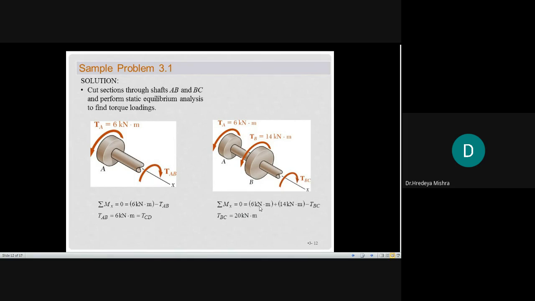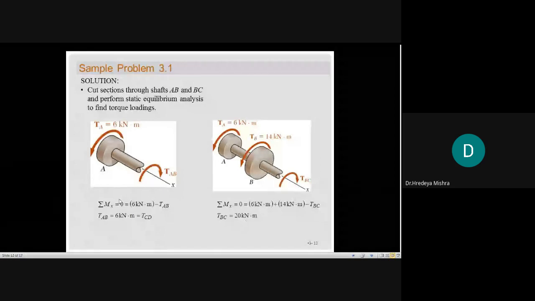So 6 plus 14 in the same direction minus TB, which is in the opposite direction. So what is the torque BC here? That is 20 kilonewton meter. Very simple, just consider the moment in the x direction.